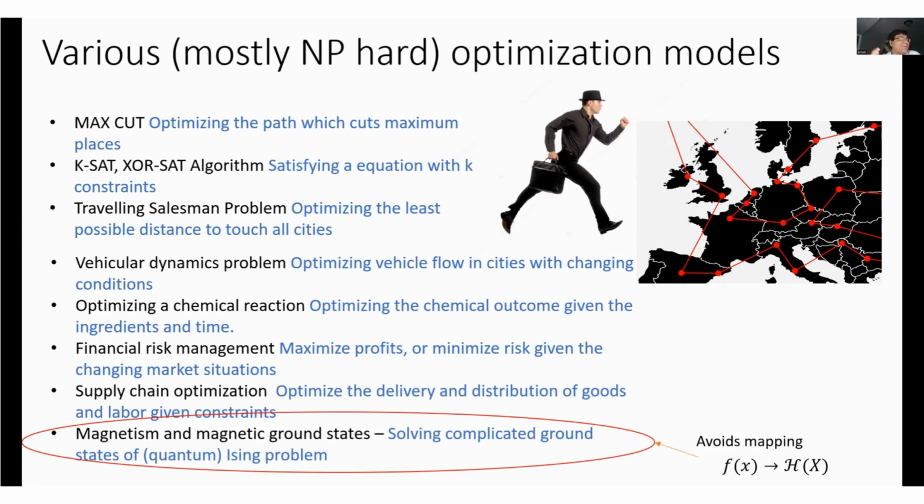Then there is supply chain optimization, and most importantly magnetism and magnetic ground states, which means solving complicated states of Ising problems. That is something I'm very interested in, because in my lab I can make some of these Ising magnets using a furnace, and then sometimes I don't know what ground state is in there.